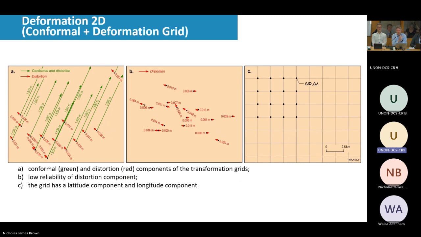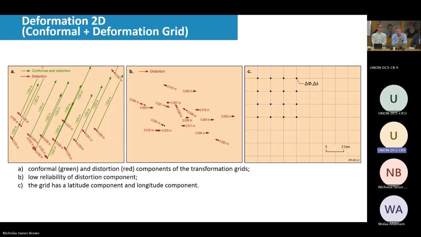So this is what it looks like when you're trying to compute this deformation model. So you can see here those green arrows. The green represents that plate motion, that 7 centimeters a year. And you can't read the numbers there, but each of those green lines is about 1.5 meters of movement that is caused by the plate motion.